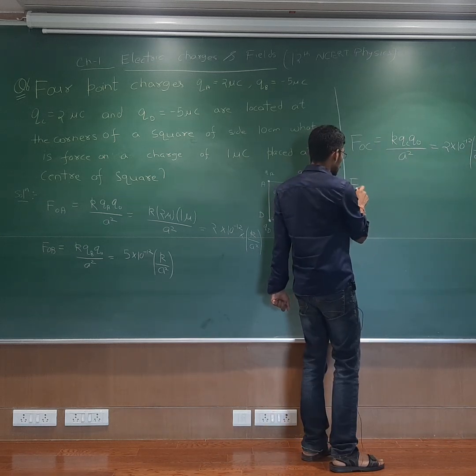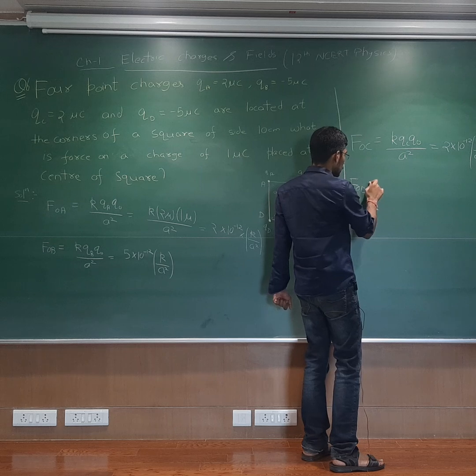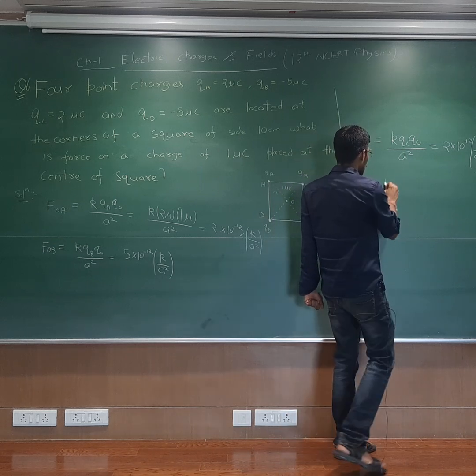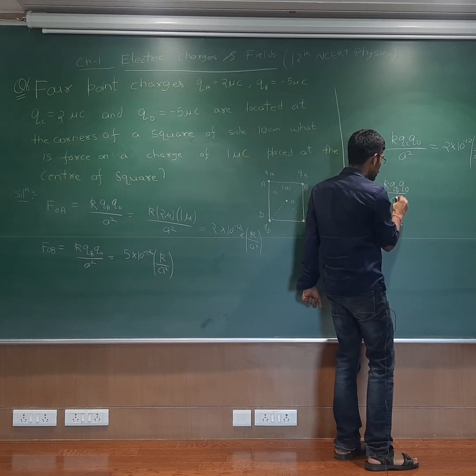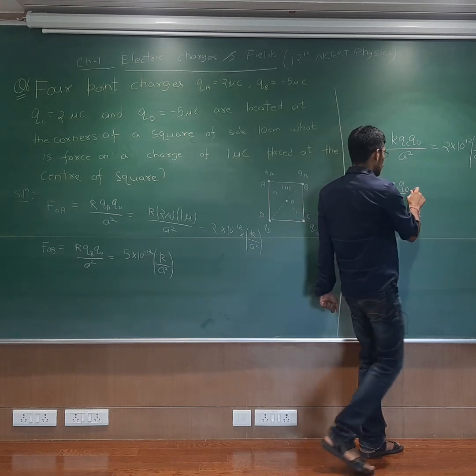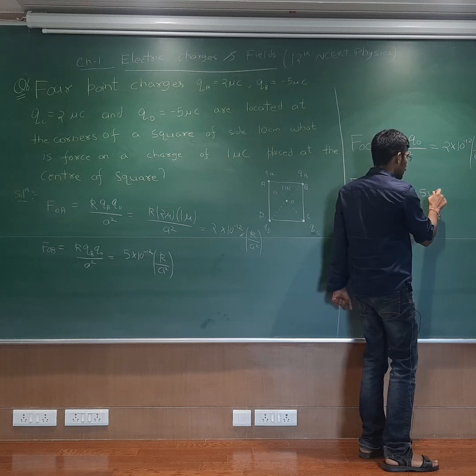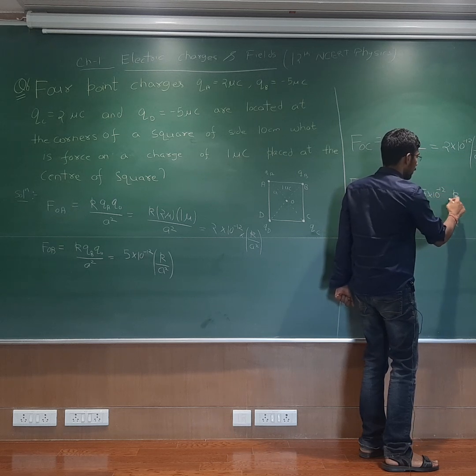Now the force on O due to the charge at D is K QD QO divided by A square. So this comes out to be 5 into 10 to the power minus 12, K by A square.